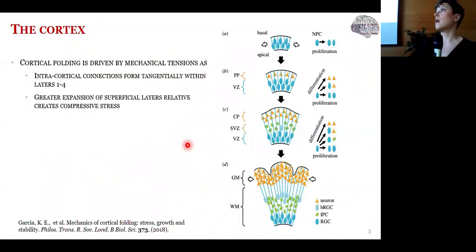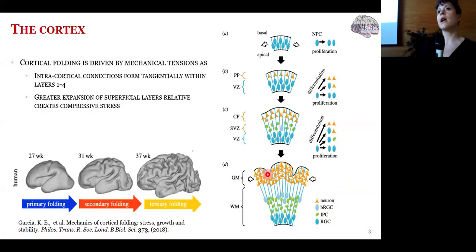And then when the cells reach the cortex, they start to form intracortical connections, which results in a much greater rate of expansion of the superficial cortical layers relative to the inner layers and the white matter tissue below, which creates biomechanical tensions, which result in folding.